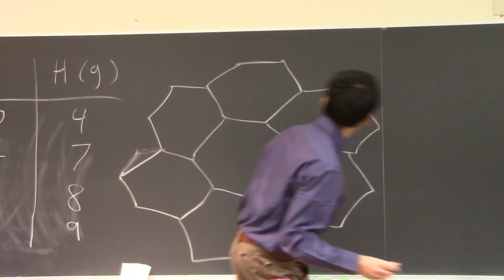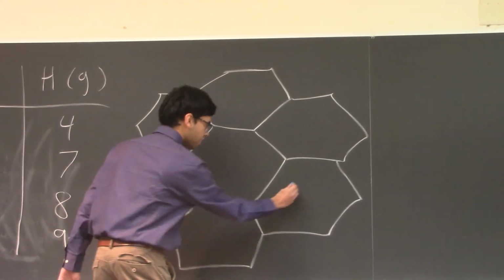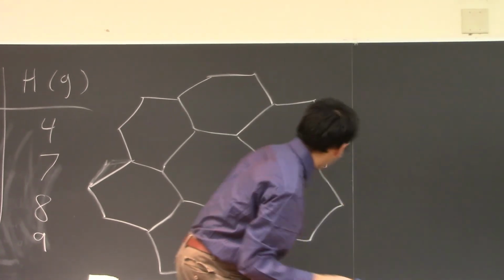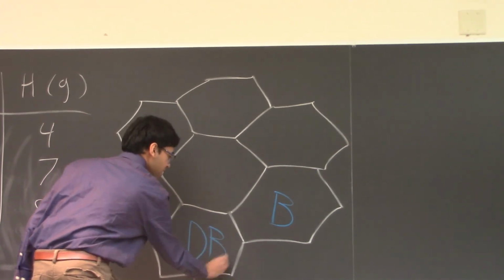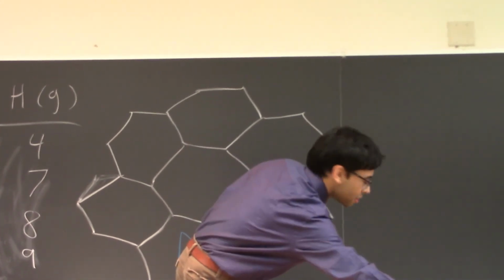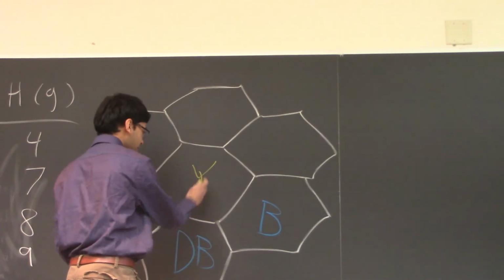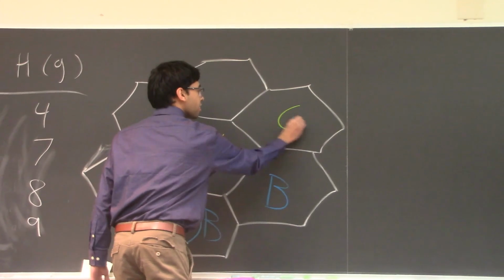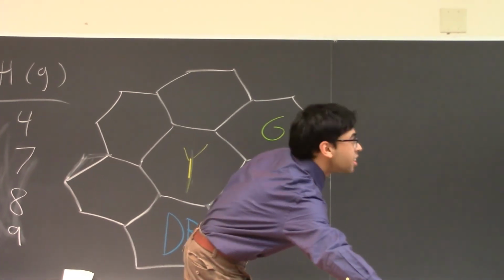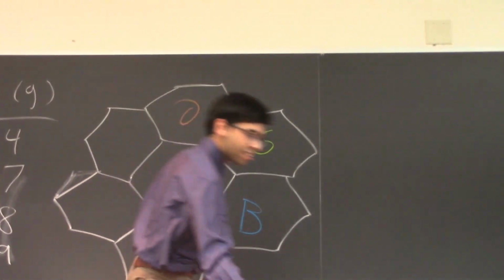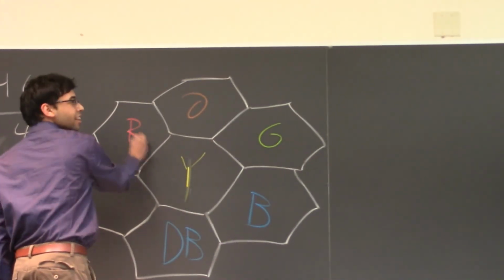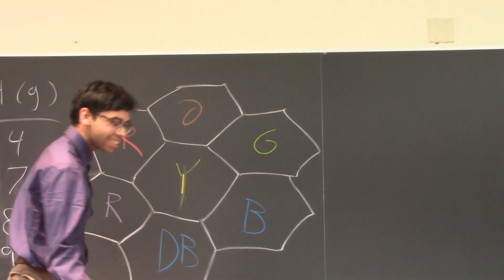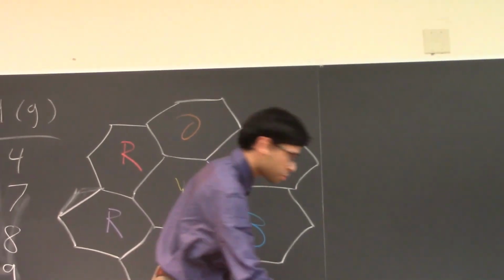So here we have, let's say, light blue, dark blue, yellow, green, orange, and red, and purple. Right?